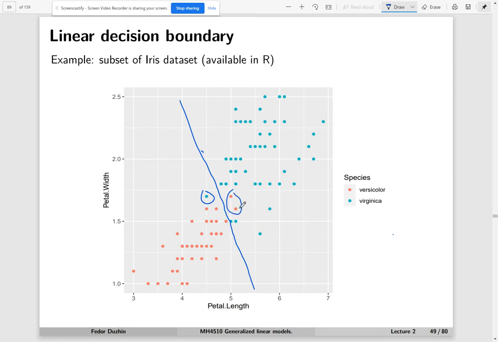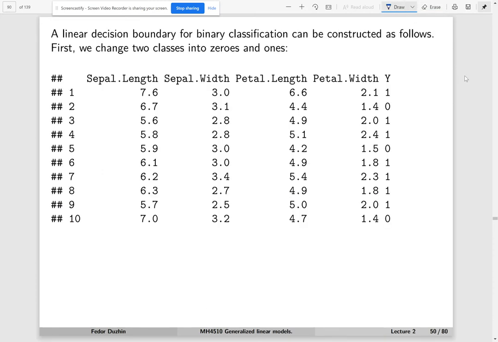But still, imagine that if we change this straight line just a little bit, it's still going to separate the 2 classes equally well, right? So the question is, which of the 2 is better? How do we know which is better? What we are going to do is first try linear regression.